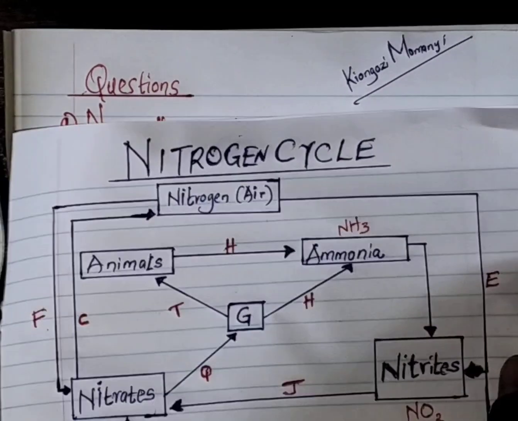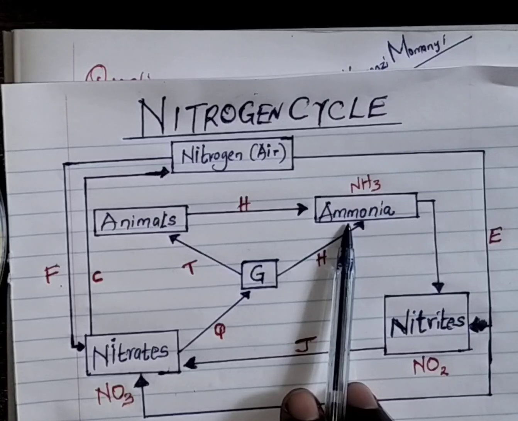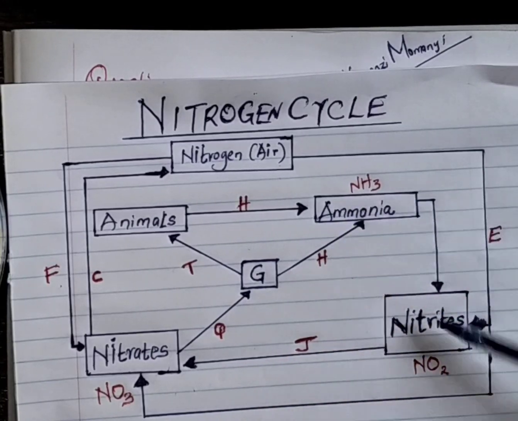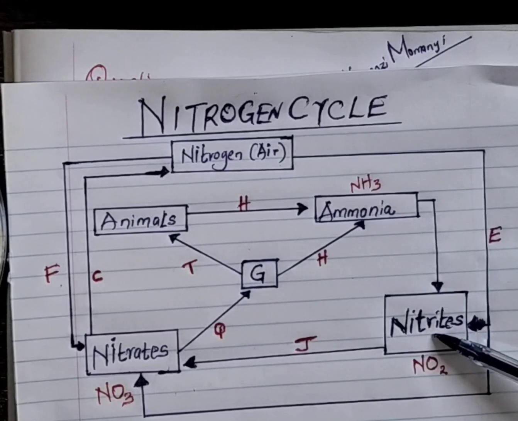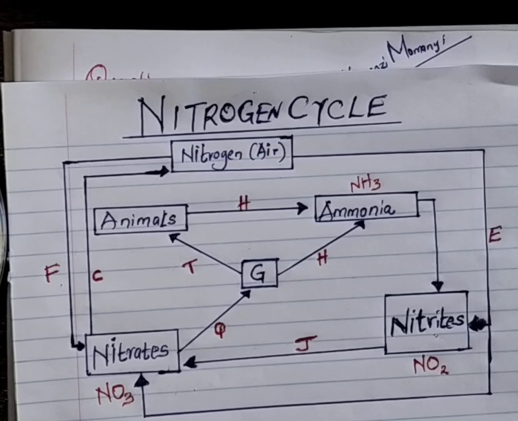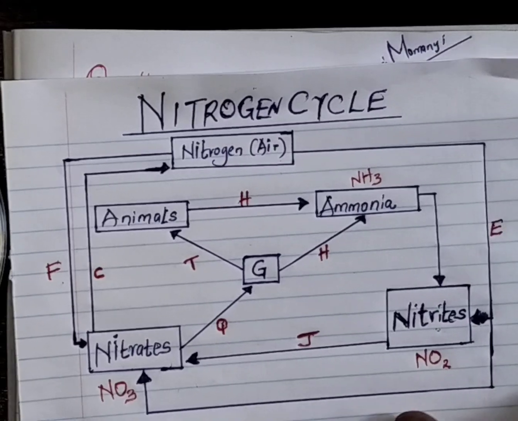When animals die, they form ammonia. Don't forget, there is now conversion of ammonia to nitrites, which I'm not very sure is captured in our questions. Conversion of ammonia to nitrites is also another very important process. Let us finish the questions and see whether we'll be in a position of capturing it. Next question.